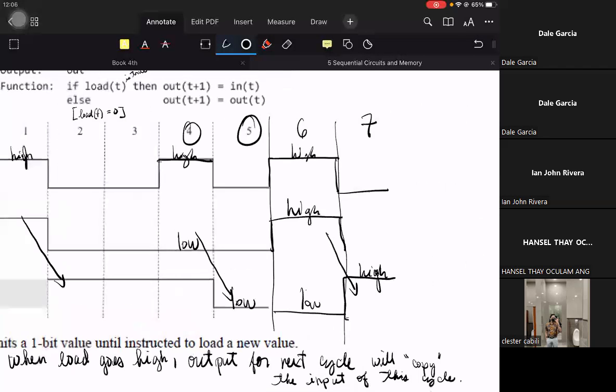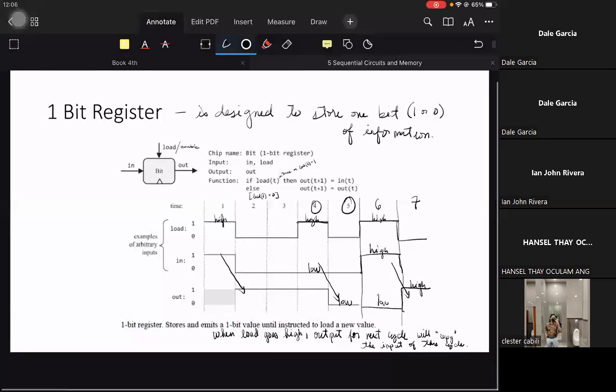That's just my term for the change of state. Or alternatively, the output for this cycle will copy the input of the previous cycle. Either way, they're the same, synonymous.